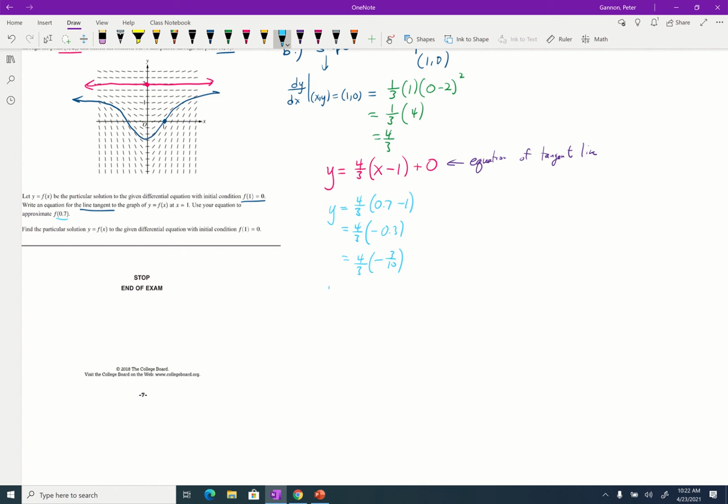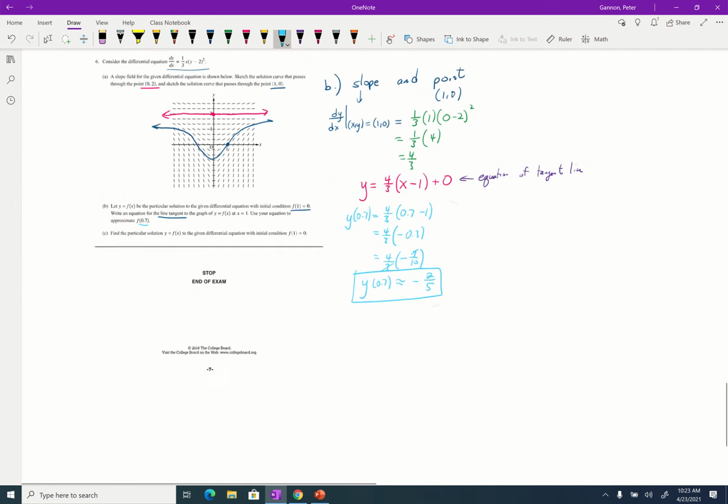So what I wanted to put here was y of 0.7. Now y of 0.7 is going to be approximately, well, your 3s are going to cancel, and you can reduce the 4/10 to negative 2/5. And negative 2/5 would be your approximation.